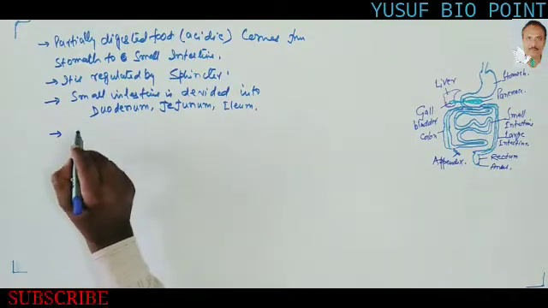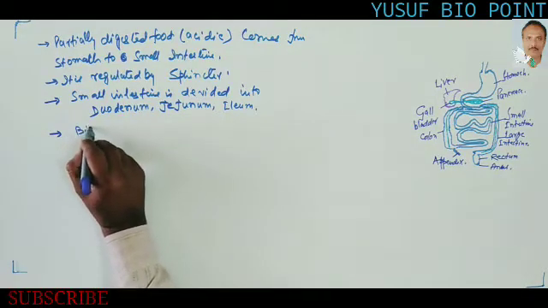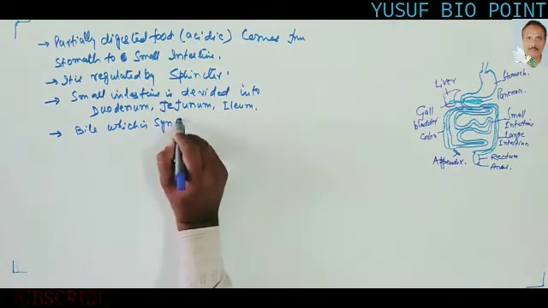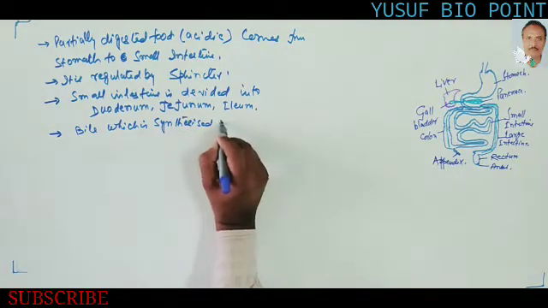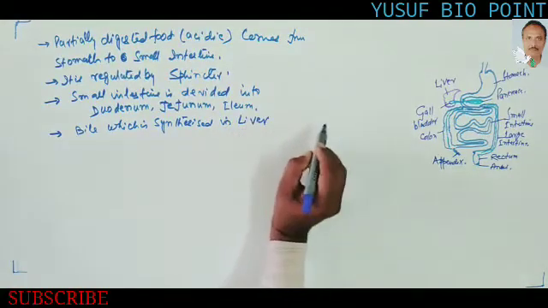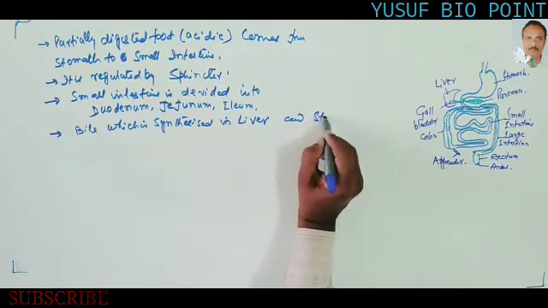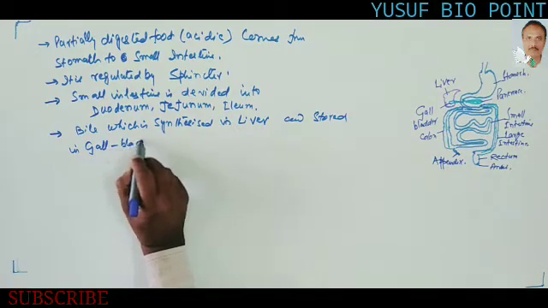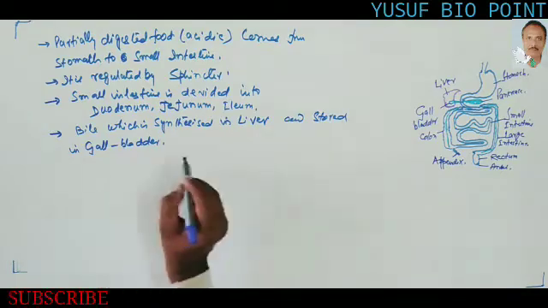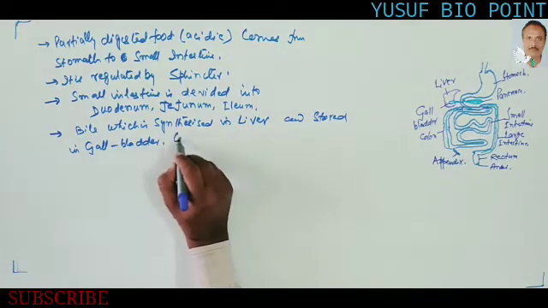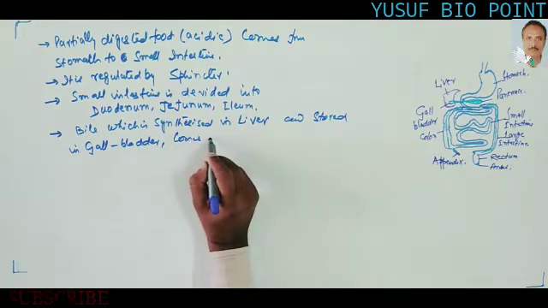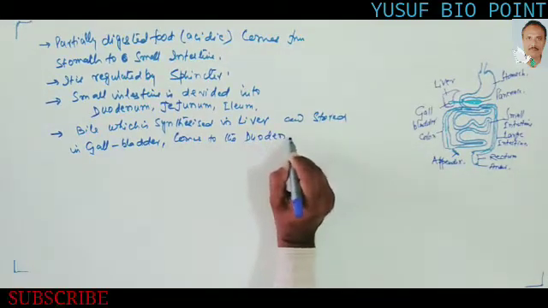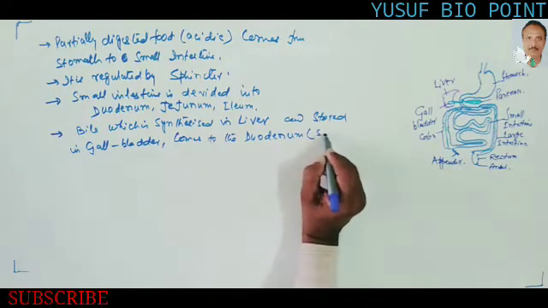Now the bile, which is synthesized in the liver and stored in the gallbladder, comes to the duodenum, that is the first part of the small intestine.